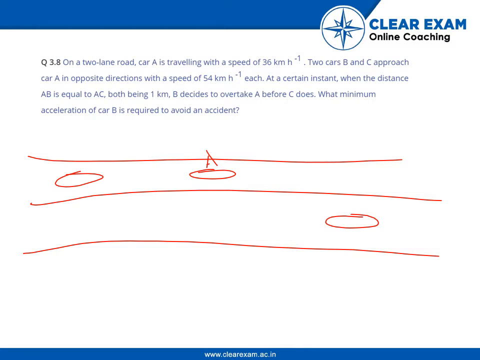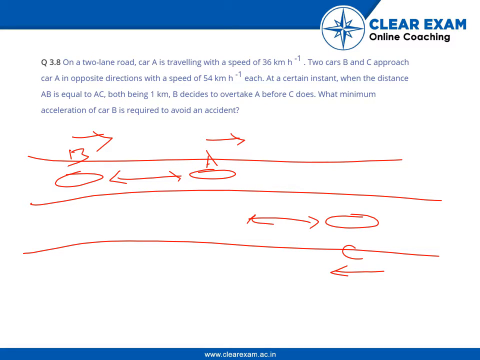Let us assume this is car B and this is car C. If A is moving in this direction, B is moving in this direction and C is moving in this direction, because we know B and C are running in opposite directions. So this is the initial distance between A and B, and this is the initial distance between A and C.